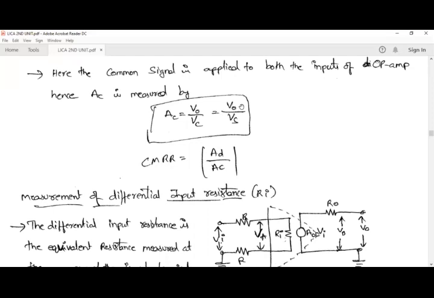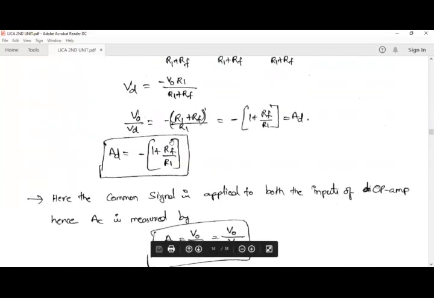Whereas the differential gain depends upon Rf by R1, and Rf will have a higher value. So R1 plus Rf divided by R1. Let us say Rf is 10 kilo ohm and R1 is 1 kilo ohm. 10 plus 1 is approximately equal to 10 by 1, so the gain is about 10,000.